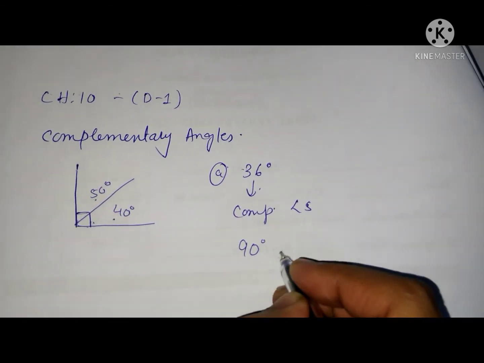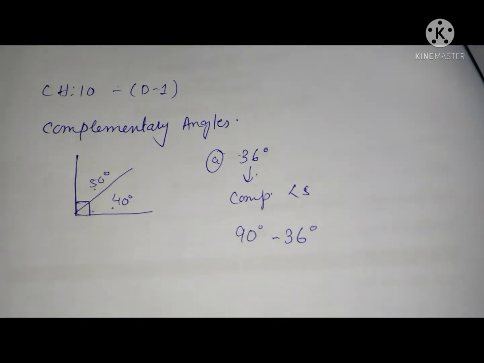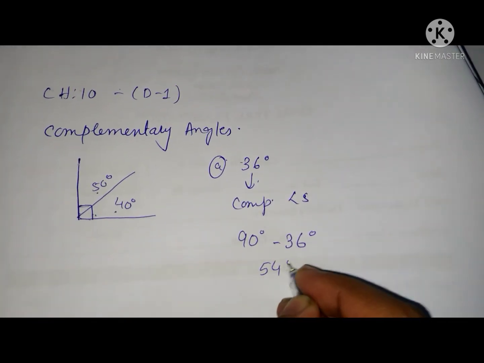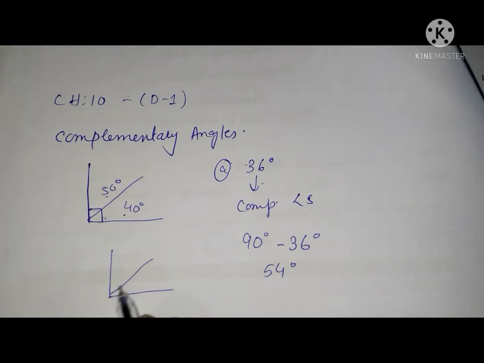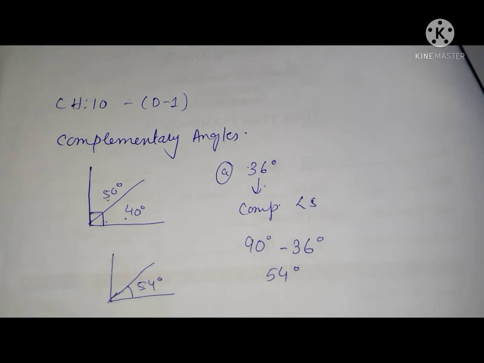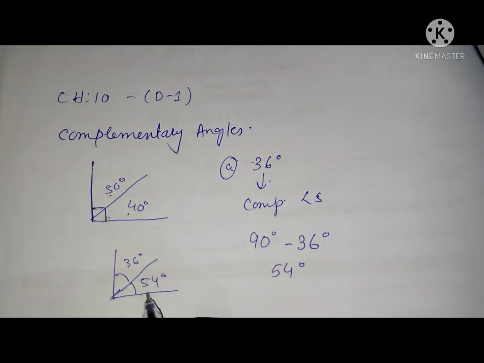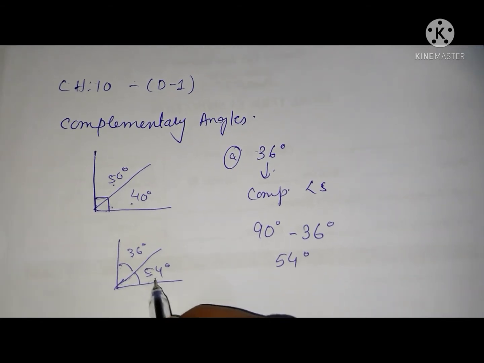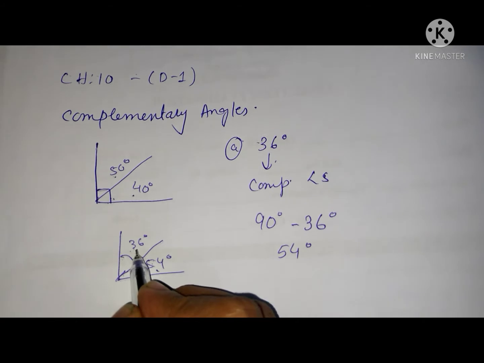We have to subtract this 36 degrees from 90, and then you will get the answer, that is 54 degrees. So we can draw the angle again and say this is 54 degrees and this is 36 degrees. So 36 degrees is the complementary angle of this 54 degrees, and this 54 degrees is the complementary angle of this 36 degrees.